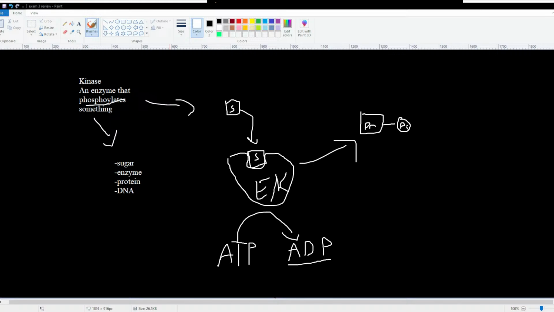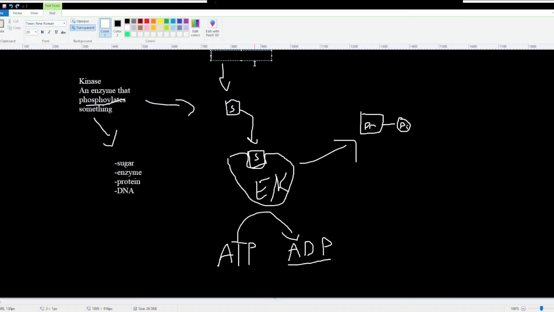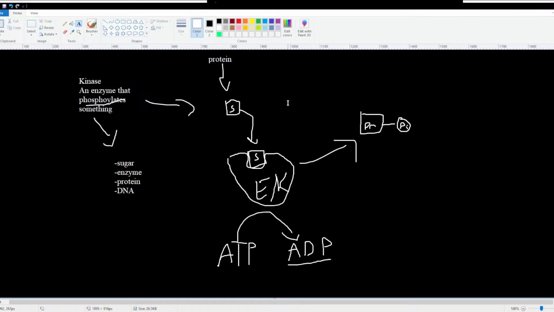So now, what does phosphorylation do? Now that we have this product that's been phosphorylated, let's say the substrate is actually a protein, and that this protein is inactive in the unphosphorylated state.